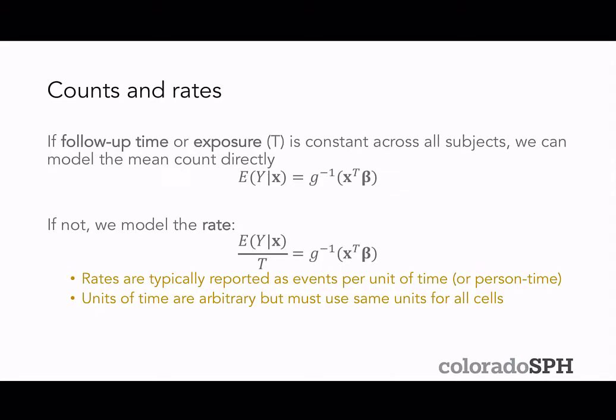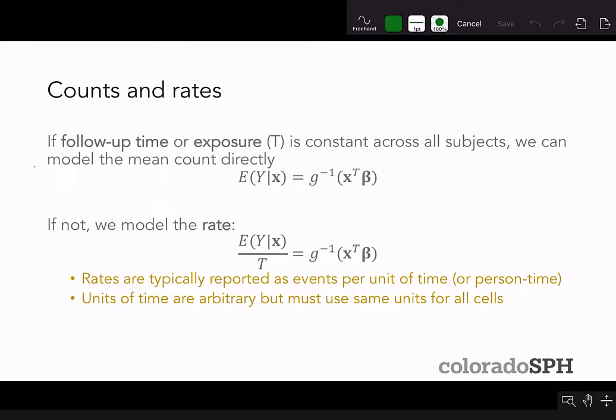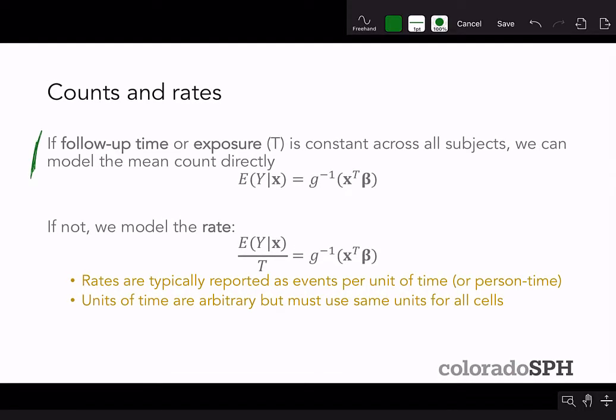Then that sort of introduces the concepts of counts versus rates. So in the previous example, we had different numbers of person years for each cell in the table. This follow-up time, in that case person years, but it can be other things, is called the follow-up time or exposure.